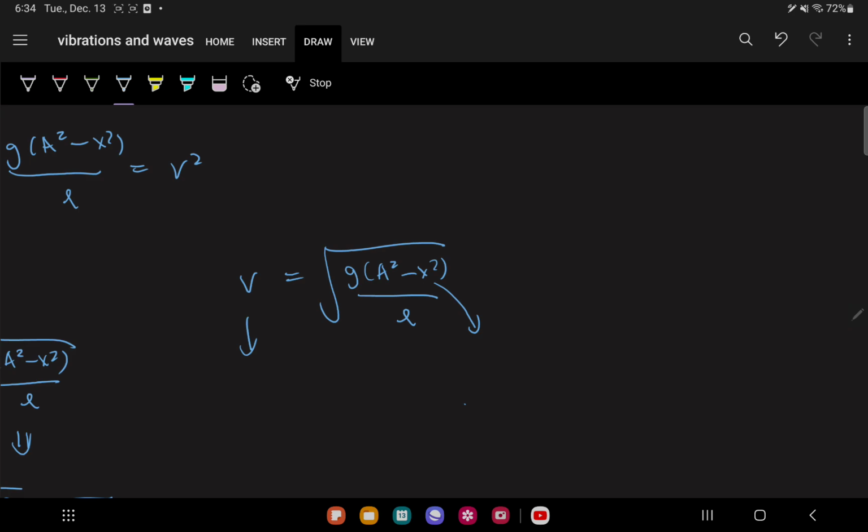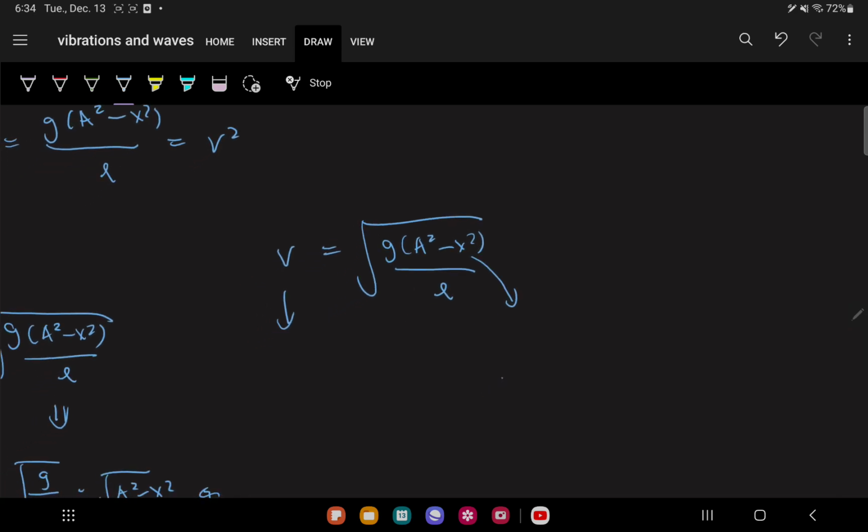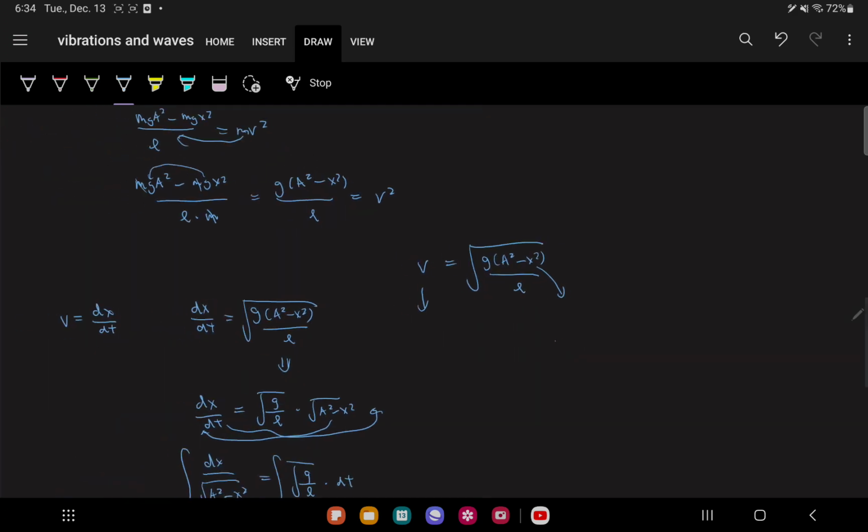So what this tells you is how the velocity changes with displacement x in simple harmonic motion. As x changes, with g, a, and length as fixed values, how does that affect the velocity of the simple pendulum? So that's also a pretty useful equation if you want to solve some other question.